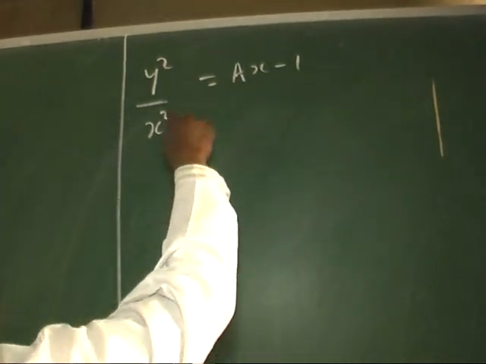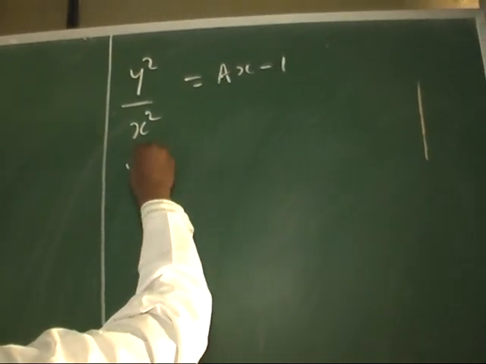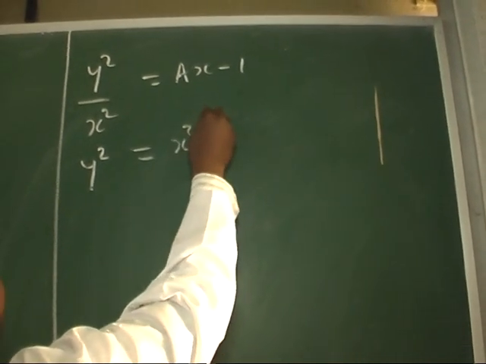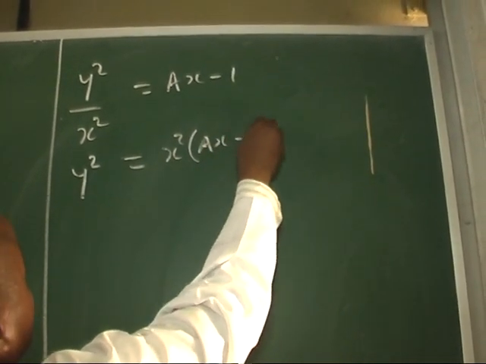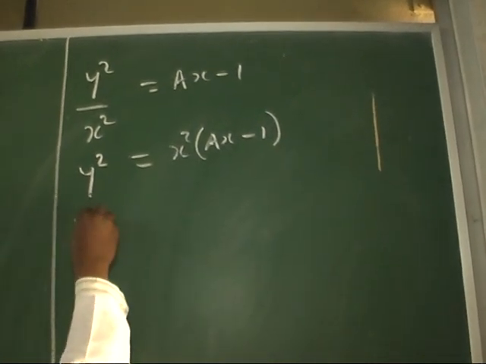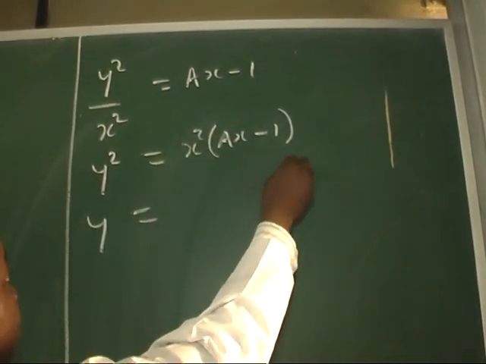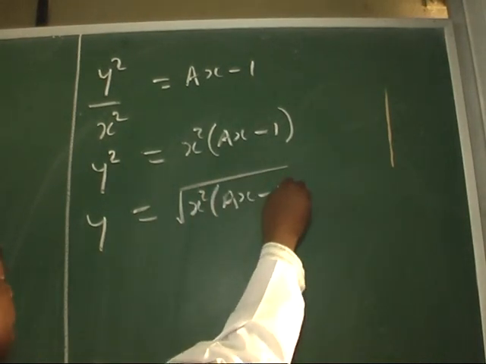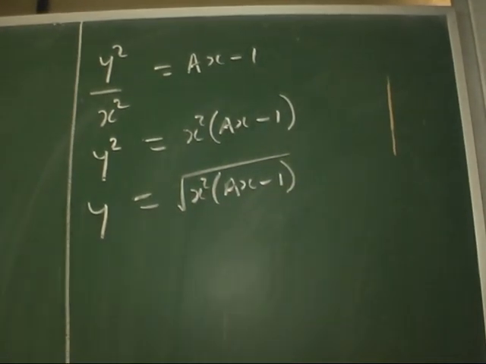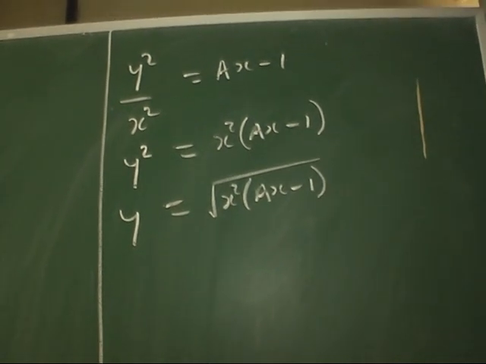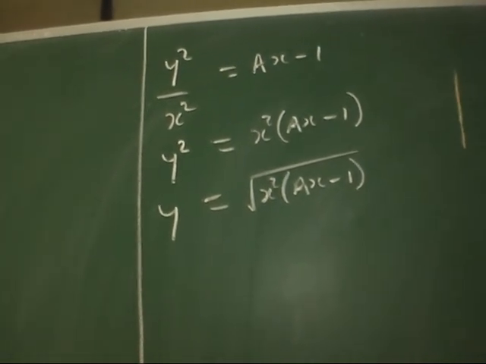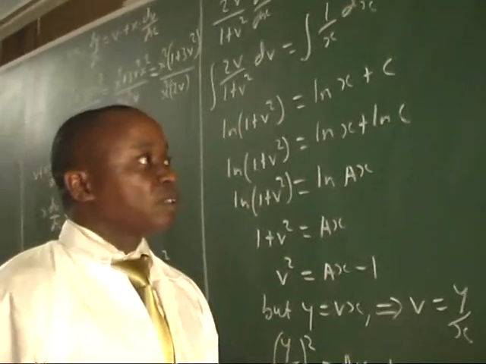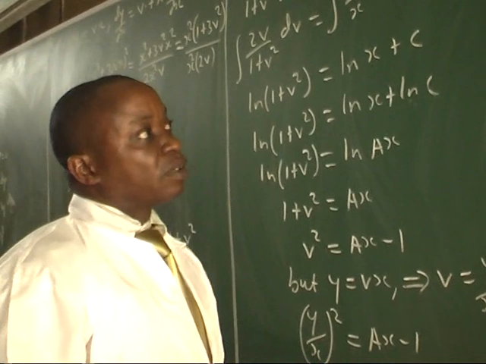By cross multiplication, we have y squared is equal to x squared times (ax minus 1). So y only will be the square root of x squared times (ax minus 1). So that becomes the function. It's very simple to solve it by the method of substitution.